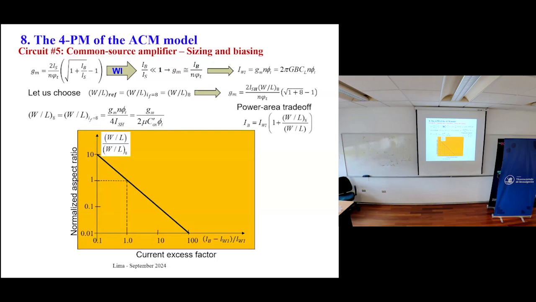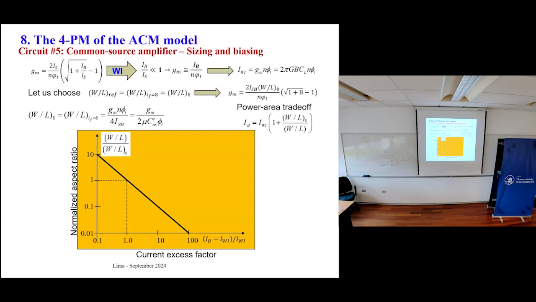You don't run away from it because in general, I'm not talking about an important parameter of MOSFETs, which is matching. Matching is especially for advanced technology. Matching is one of the most important parameters. What's matching? Well, you know the differential amplifier.